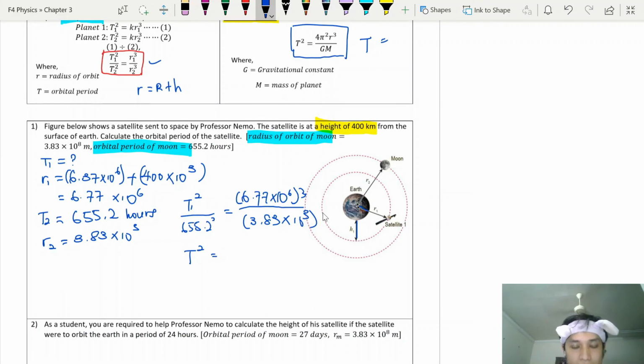We are just going to calculate this as usual. You will get an answer here. But remember, this is T squared, so you need to square root your answer. Later on you're going to get your answer here in hours because we are using hours here.